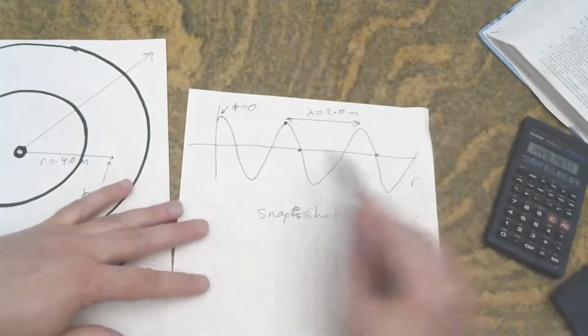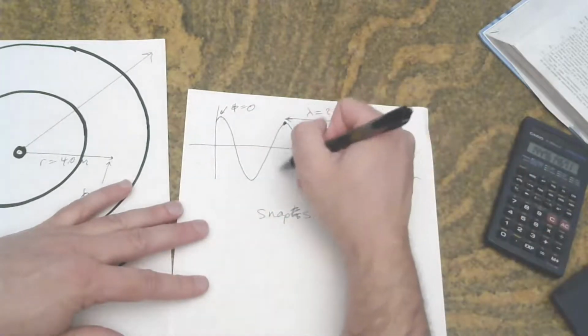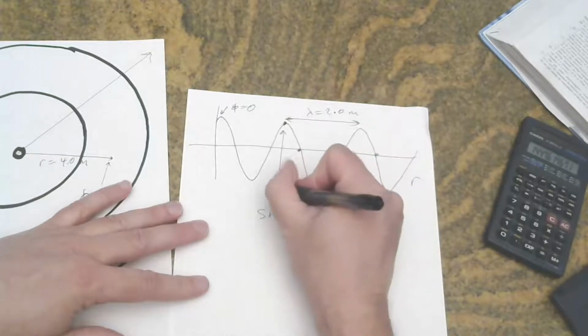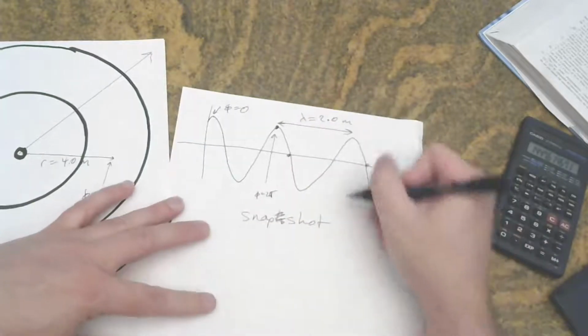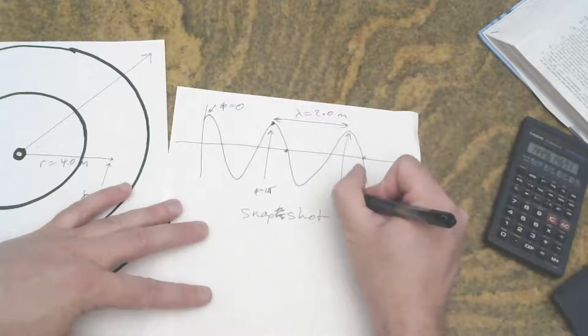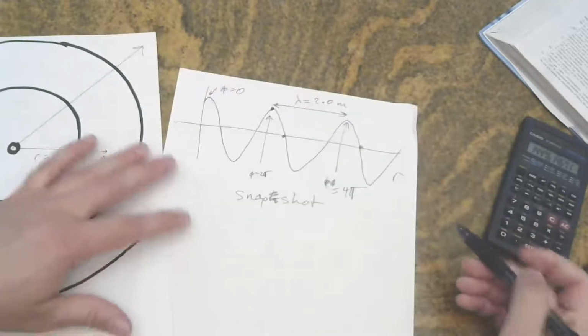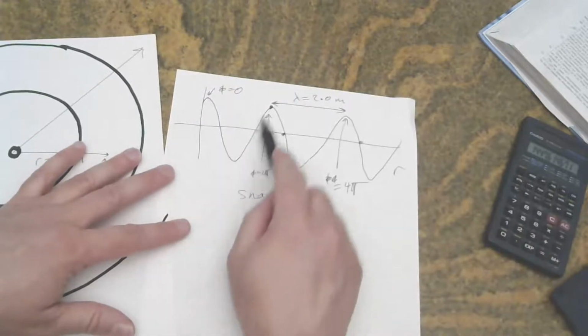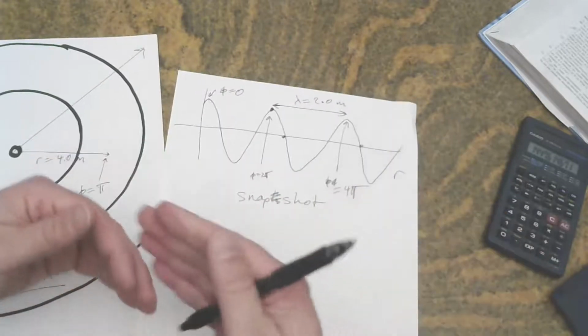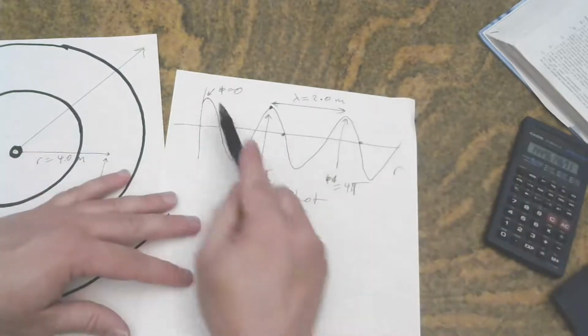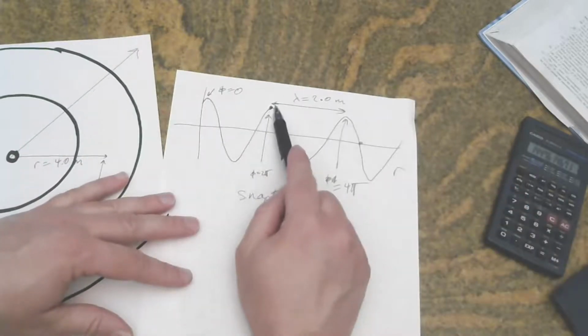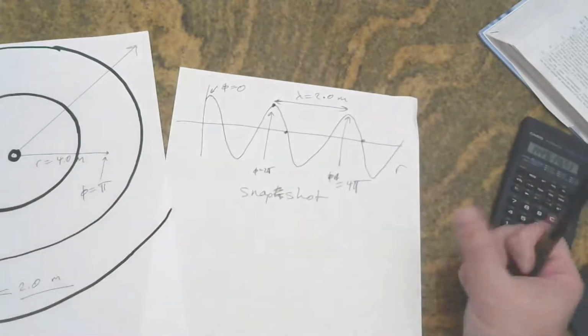So here the phase is 0. The phase here then would be 2 pi radians. The phase here would be 4 pi. This is really sloppy. So every time you advance from one peak to the next, you've advanced the phase by 2 pi radians. So if the first one has a phase of 0, then this has a phase of 2 pi, 4 pi, etc.